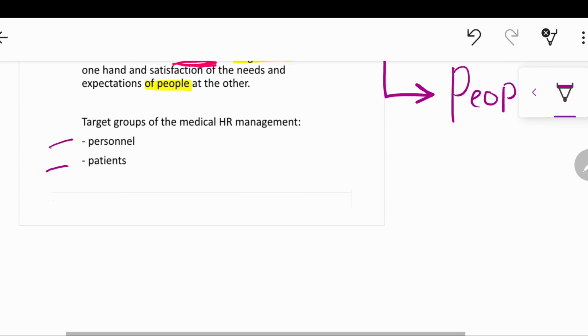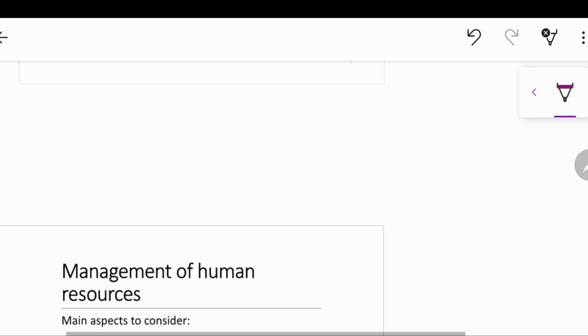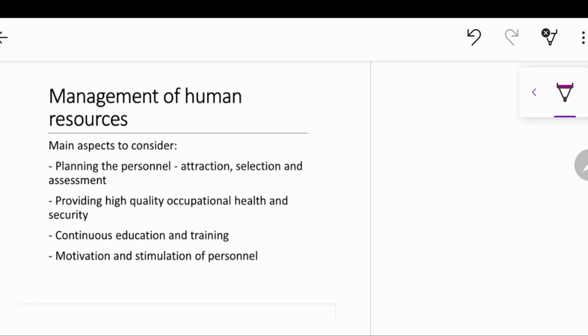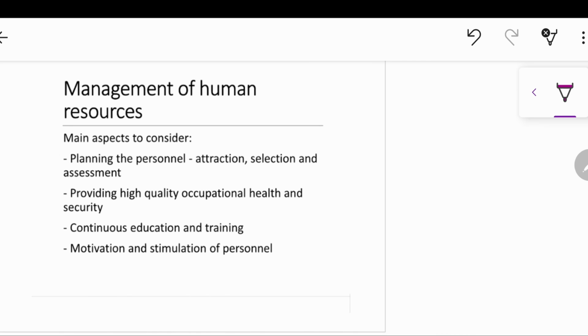Now, what are the general aspects of managing human resources? What a manager here should do is identify who is helpful to the company.